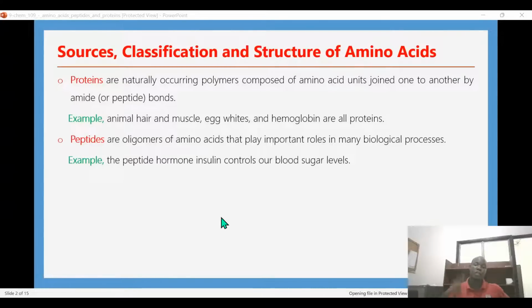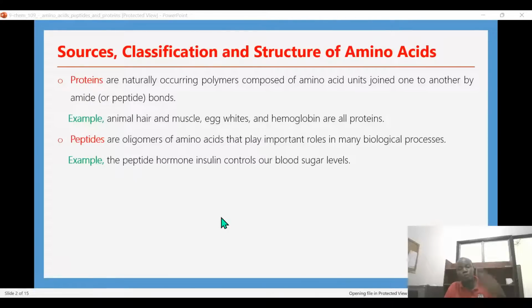That way, as a nurse, whenever you talk about insulin, you have an idea that insulin is a protein that tells us the situation of a particular patient, whether diabetic or non-diabetic, because insulin is produced in the beta cells of the pancreas.